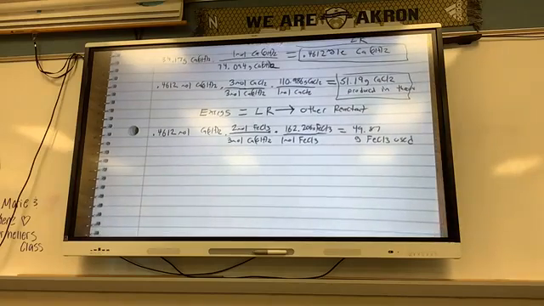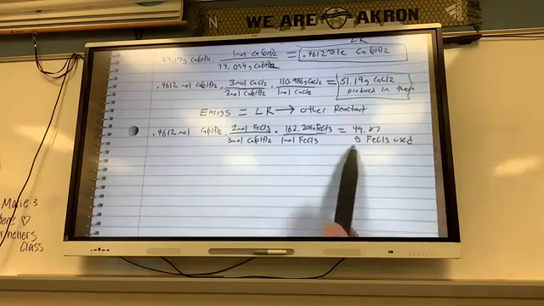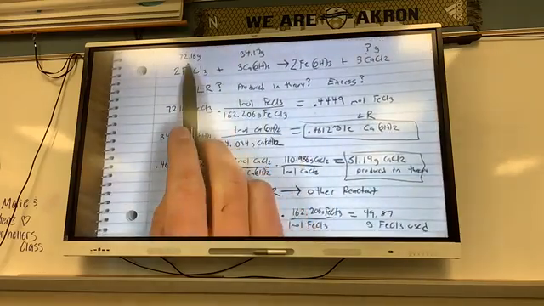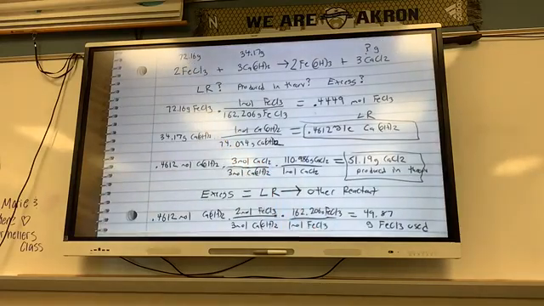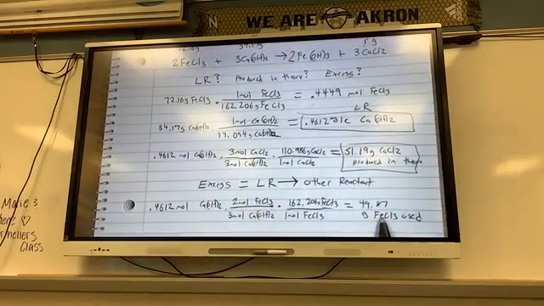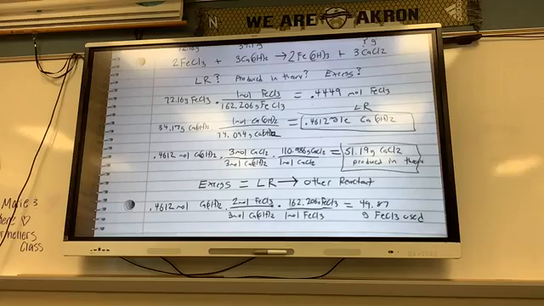If this number is greater than this number, guess what? You picked the wrong limiting reactant, right? Because that's impossible. This number minus this number should be a positive number. So that's a good check step on if you got the wrong limiting reactant.